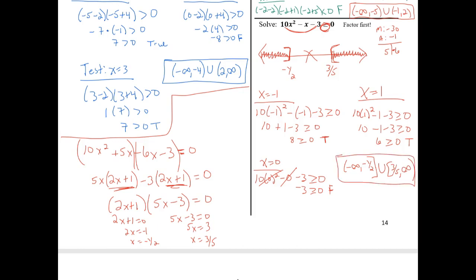And again, what's happening here visually is I have a quadratic equation with a positive a value, so it's going to be concave up. And I'm looking for all the values greater than or equal to 0. So all of these values and all of these values are where f of x is greater than or equal to 0. And that's why we end up with these two regions here that are part of our solution set.